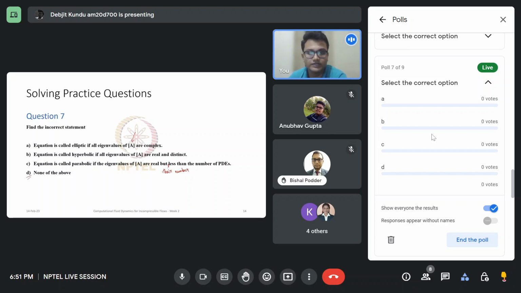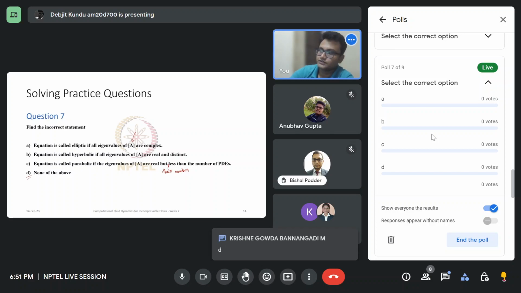Or is it option D, none of the above, which implies that all the first 3 statements are correct and there is no incorrect statement among them. Right.